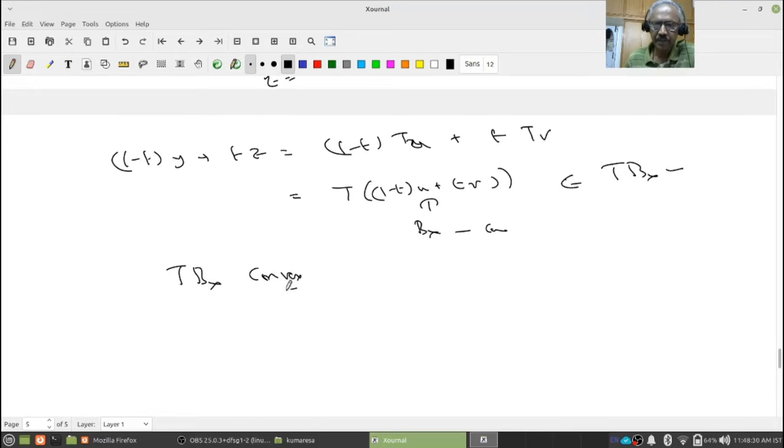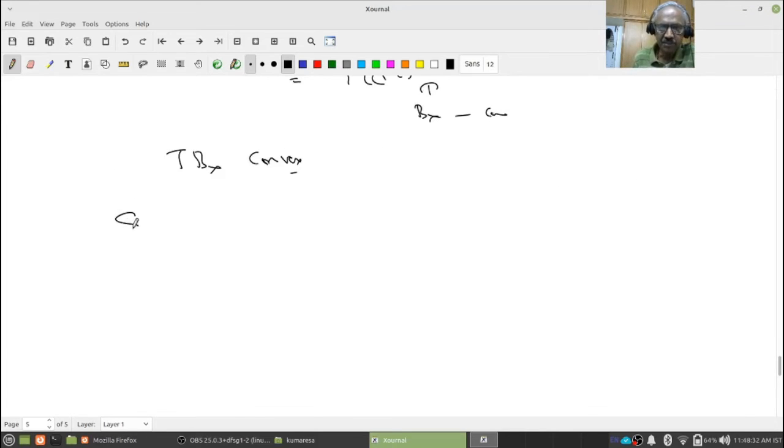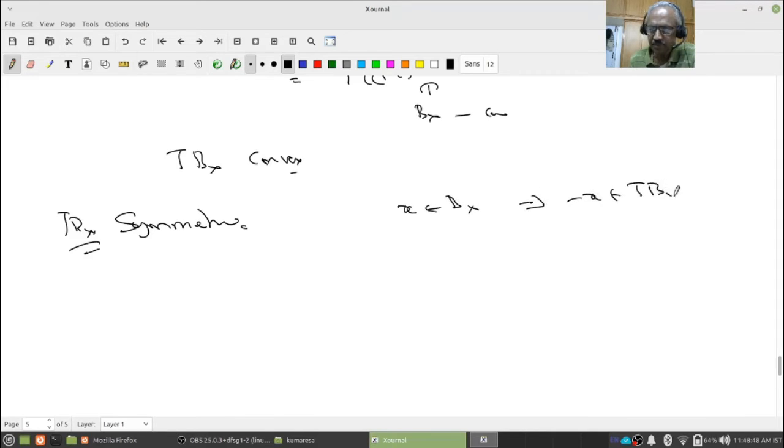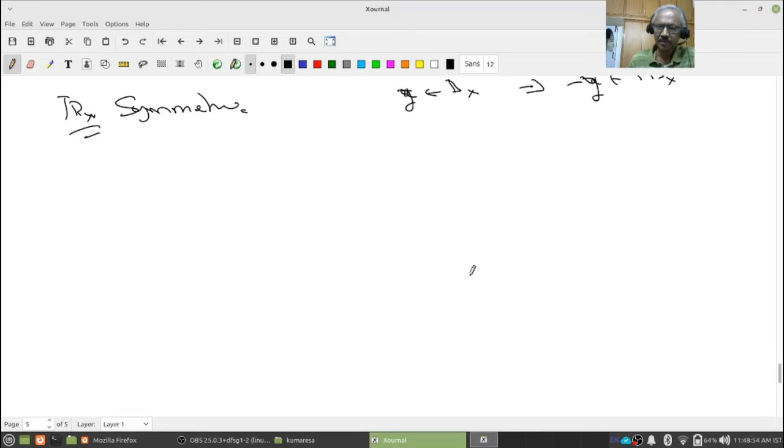Next, I want to say it is symmetric. T(B_X) is symmetric. Why? What does it mean? That means whenever y belongs to T(B_X), then minus y also belongs to T(B_X). That is very clear.